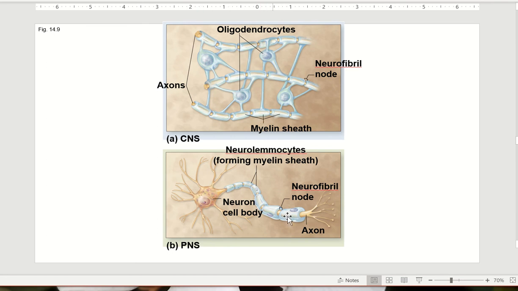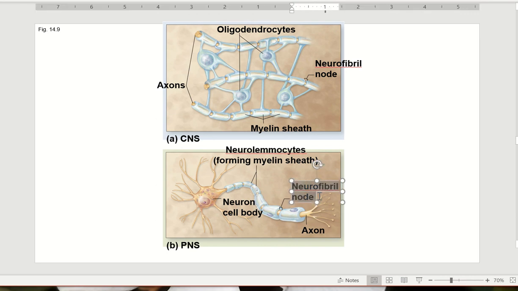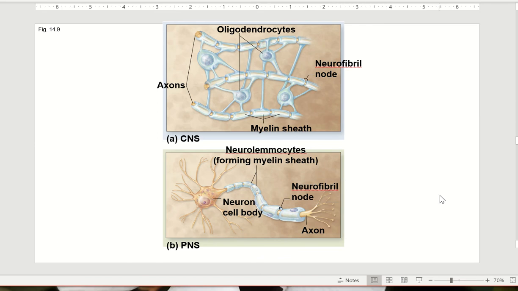In the peripheral nervous system, each Schwann cell, or neurolemocyte, wraps its whole self around one axon, so each cell only protects one axon. In both places, the myelin sheath is made up of plasma membrane from many, many cells. The gaps between the myelin pieces are called the neurofibril nodes or the nodes of Ranvier, and that's the same in both places. So that's how you distinguish those two.